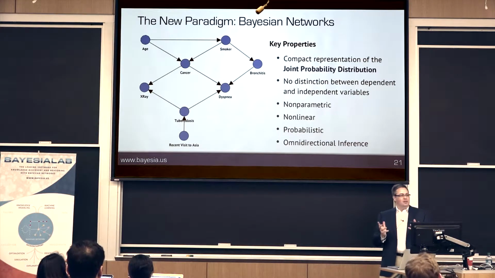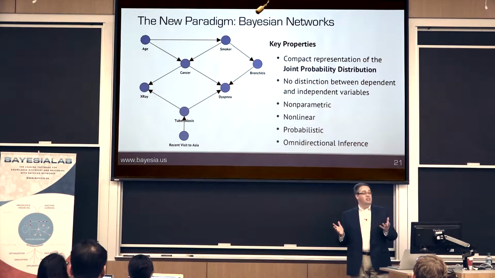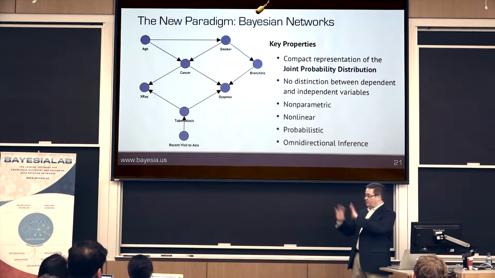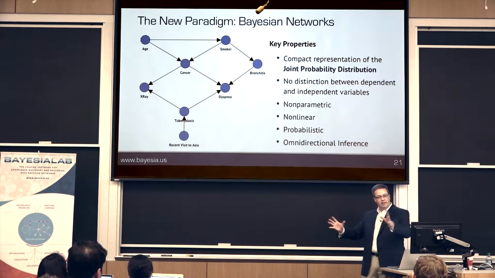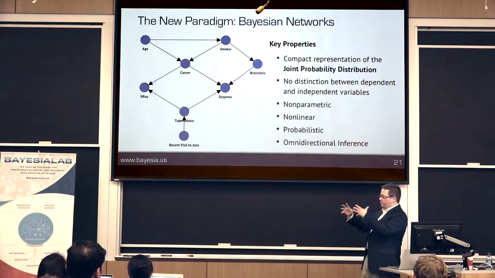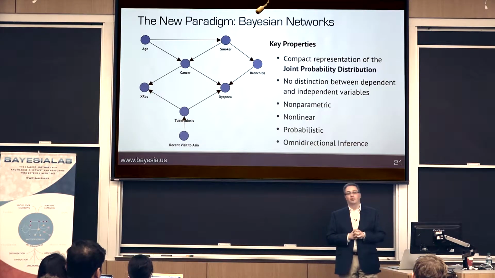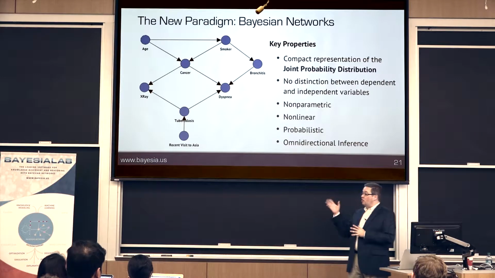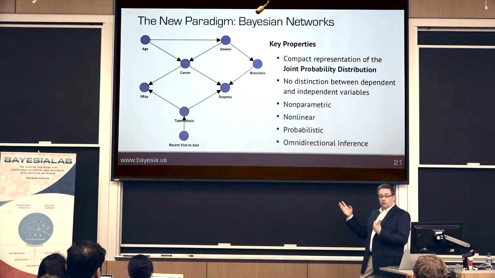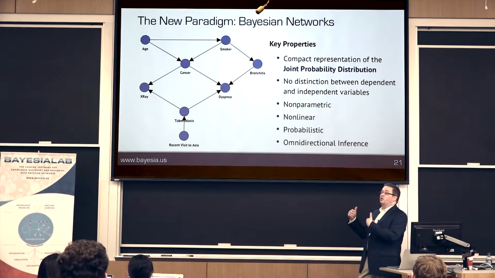And in a Bayesian network, we don't necessarily have to distinguish between independent and dependent variables. We can rather say, let's just model all patients with a single network, and thus capture the entire joint probability distribution. I should also say, Bayesian networks, in the way we use them, are non-parametric.